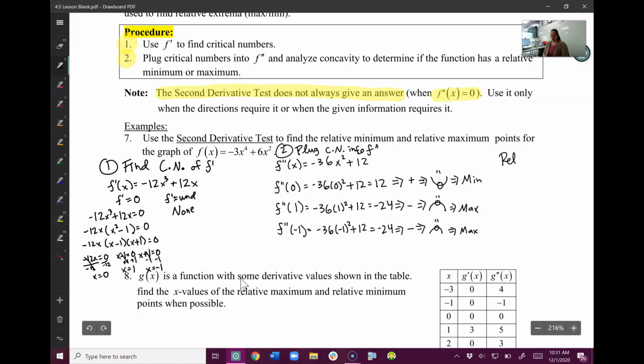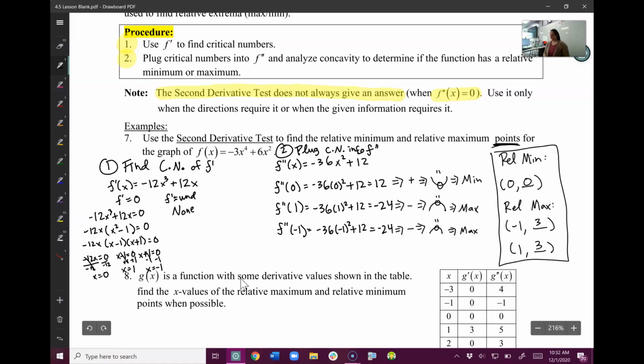So I've got a relative minimum at 0, something, because it asks for the point, so I need to do the full point, and a relative max at -1, something, and +1, something. Just like usual, I'm going to plug all those into my original function to find the full point. If I plug those into the original, you should end up with those. Okay, there we go.